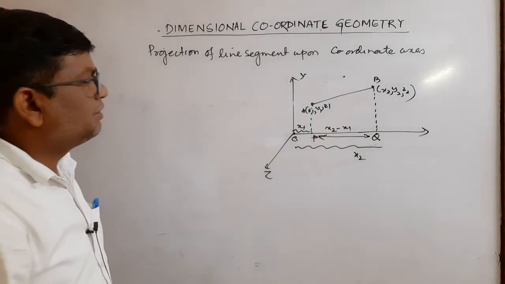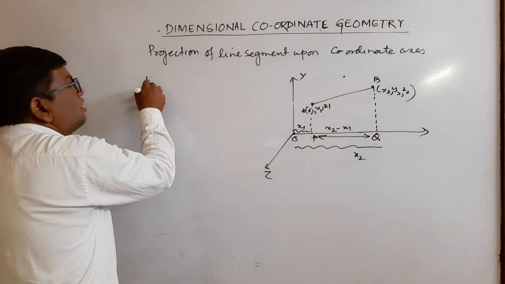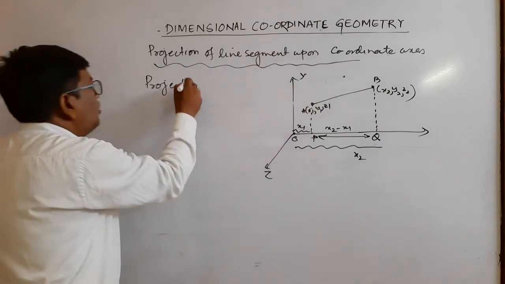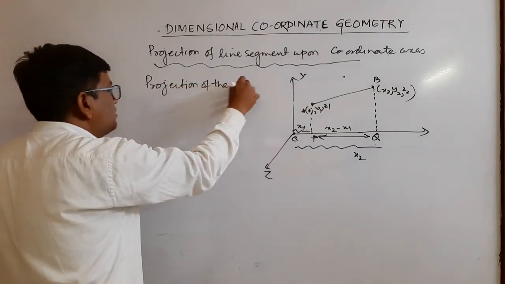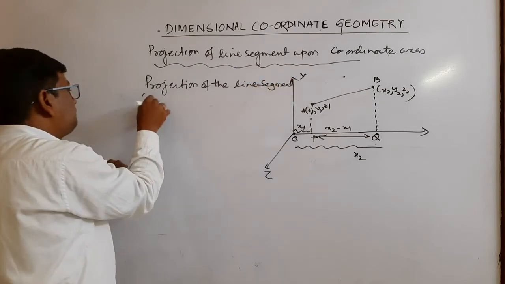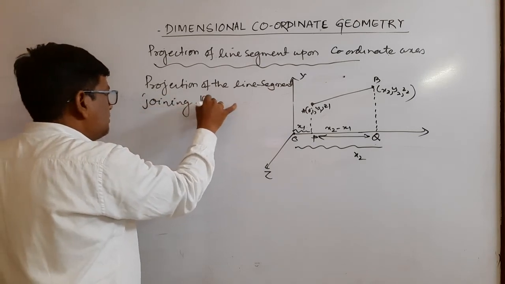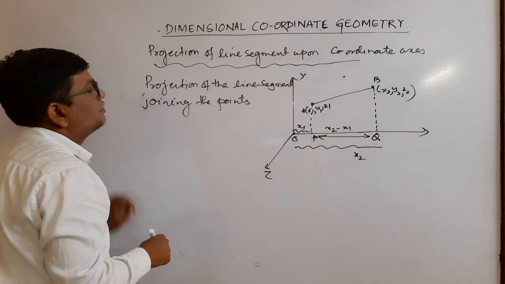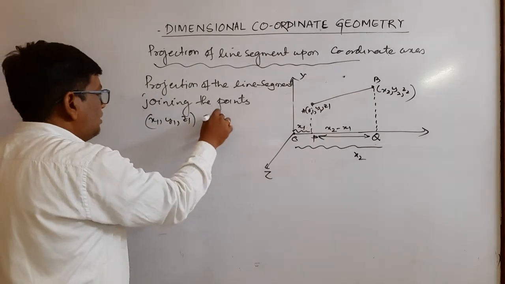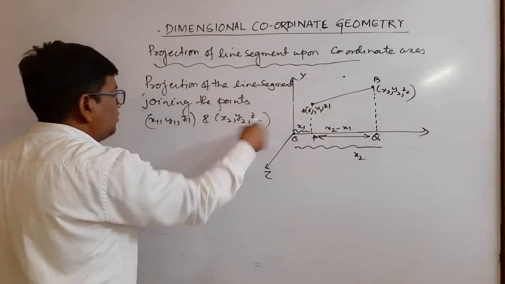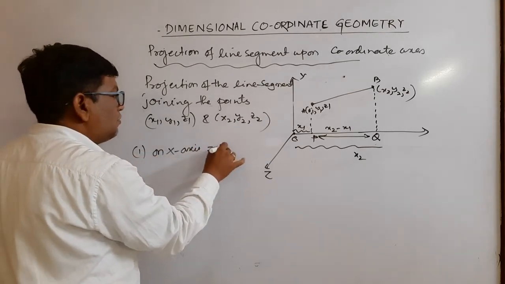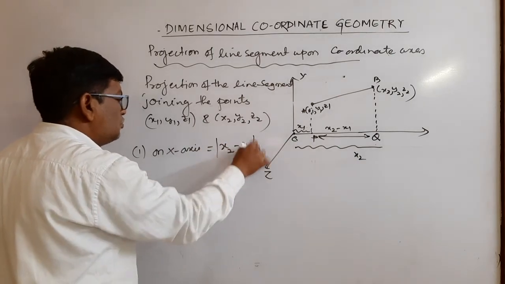So the projection of the line segment joining the points x1, y1, z1 and x2, y2, z2 on the x-axis is equal to mod of x2 minus x1.